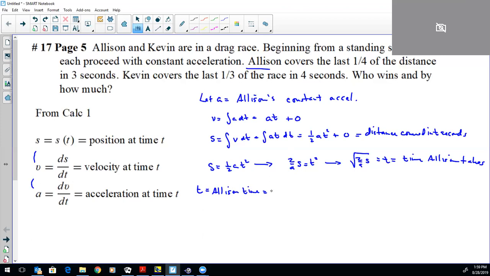We've got the first 3/4 time plus the last 1/4 time. See, they give us the last 1/4 time. Well, this part's easy because the last 1/4 is 3 seconds.